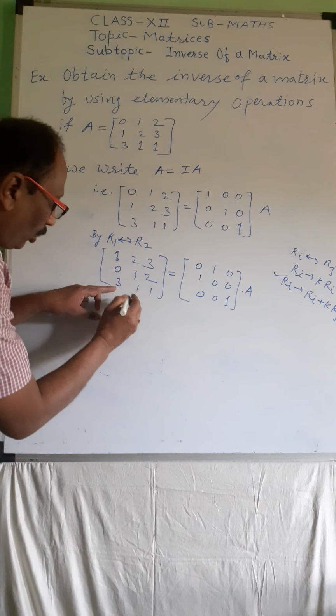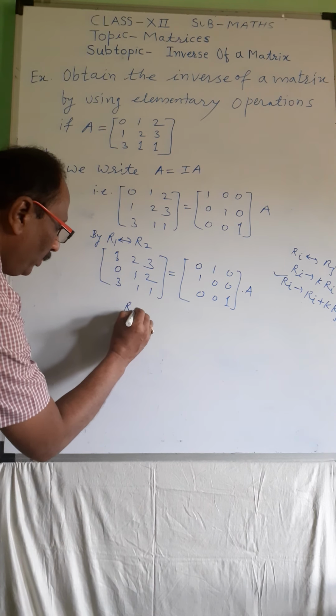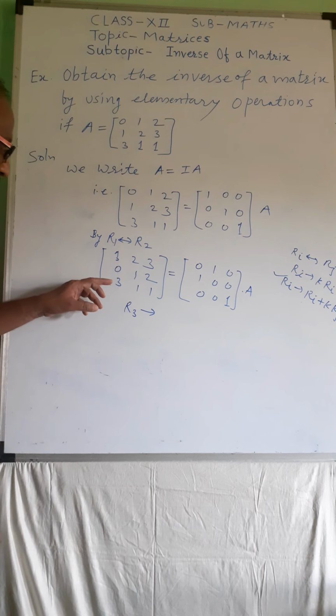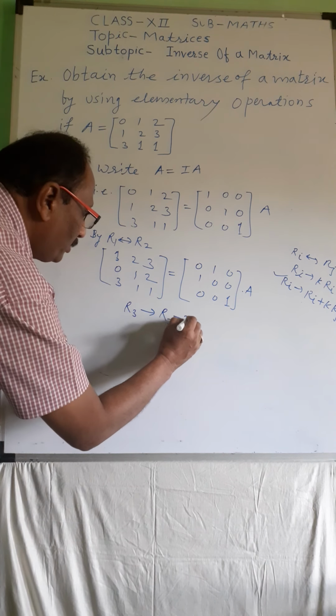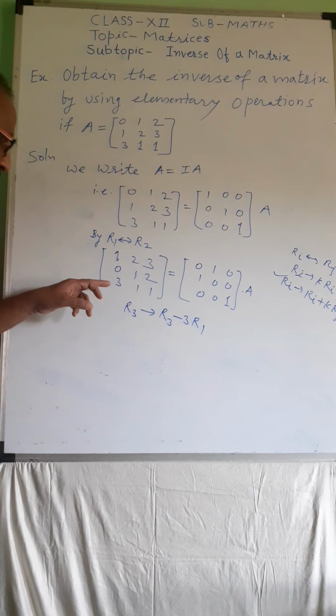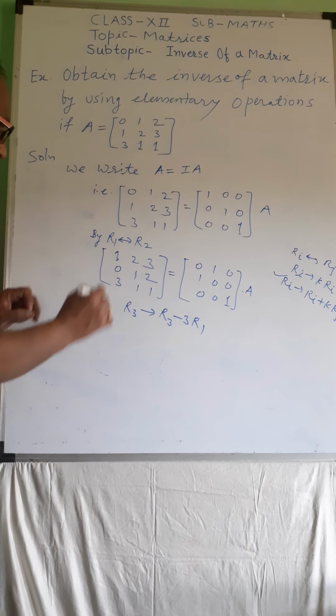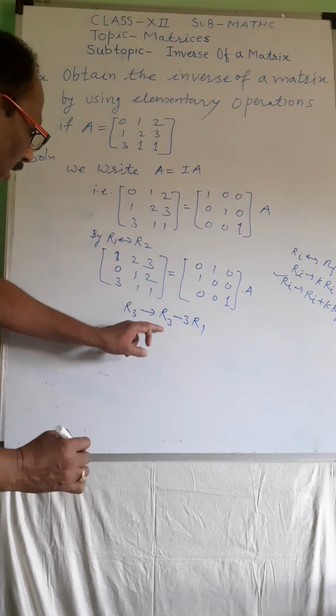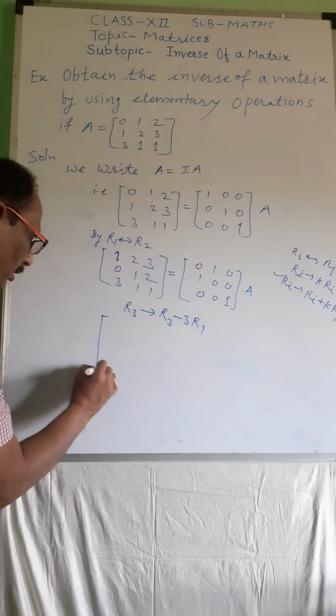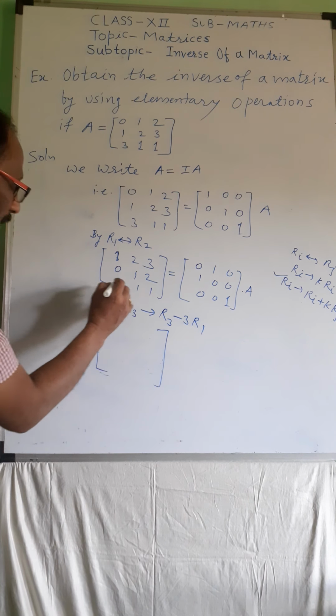Means the third row we have to change. R3 will change: R3 minus 3 times R1. Means 3 minus 3 times 1, that is 3 minus 3, that is 0.